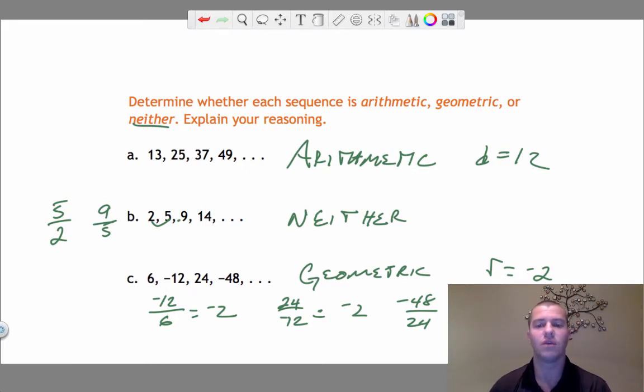One thing to notice here: when the common ratio is negative, the sequence alternates from positive to negative to positive to negative. If you remember in the one where the common difference was negative, it was becoming a smaller and smaller number, or more and more negative, with the arithmetic sequence.